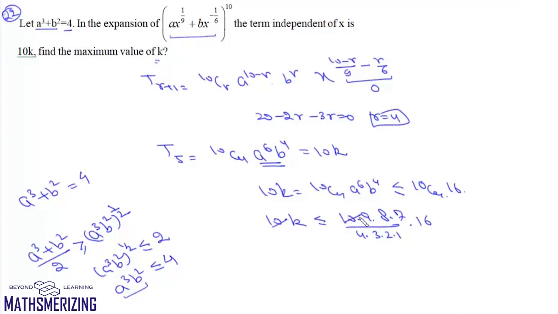So here 10 will cancel, and then this is 8. Now this is 3. So k is always less than or equal to 21 into 16, which is 336. So from here we can say the value of k should be less than or equal to 336. So the maximum value of k is 336.